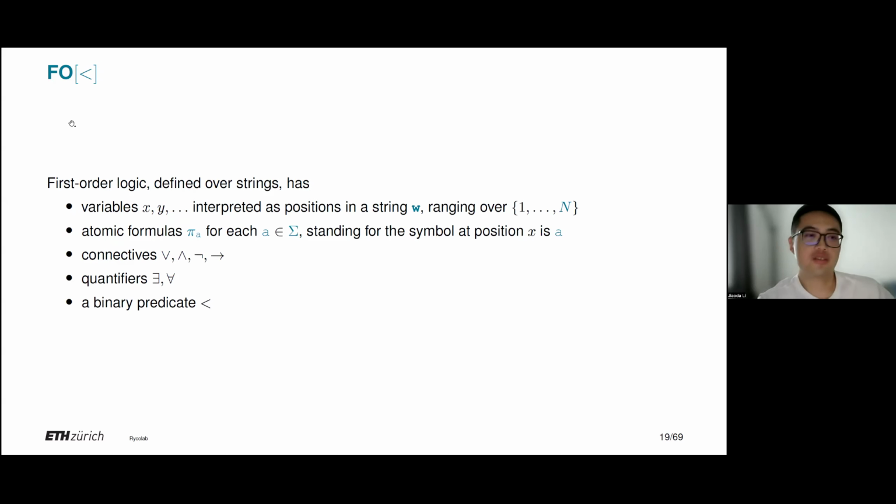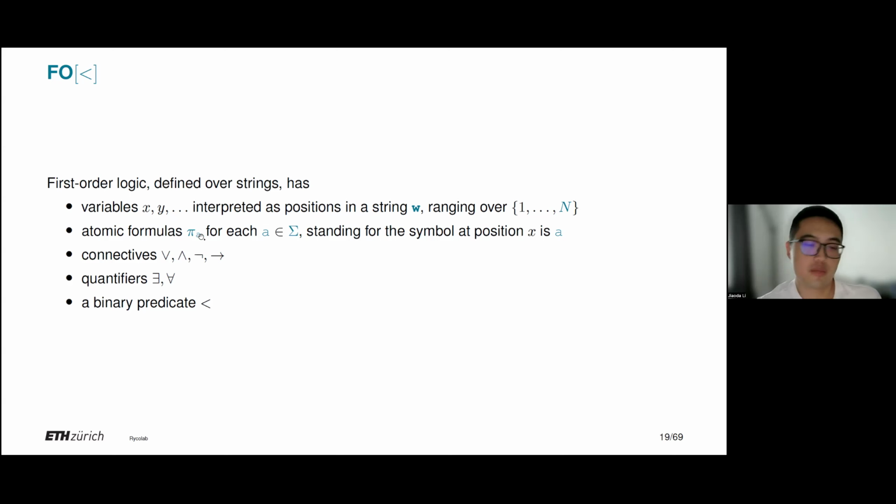First-order logic is something slightly different, but also deeply connected with linear temporal logic. The only difference is that instead of having only one implicit variable, we can have many variables, x, y, z, etc., and they are also interpreted as positions in the string.